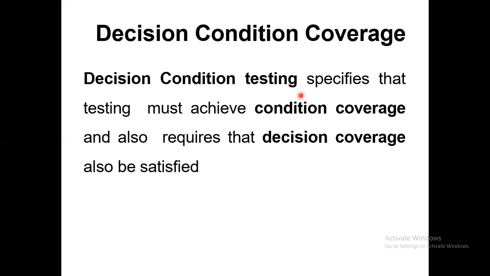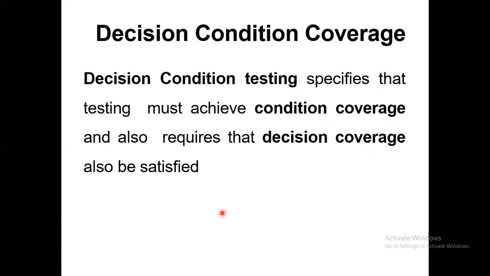So if we go to the decision coverage, we have to test both the true part and false part of our decision. And then when it comes to the condition coverage, in the large decision, each and every sub or atomic condition should have the true and false value, right?